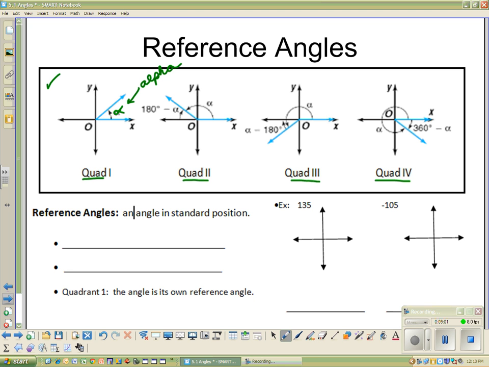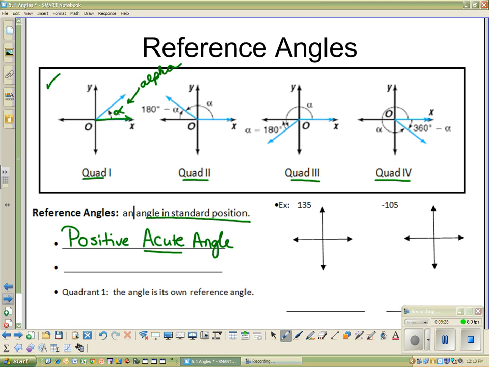For other reference angles, we start out with an angle in standard position, which means that they have the positive x-axis as their initial ray. And then these reference angles are always expressed as a positive acute angle.